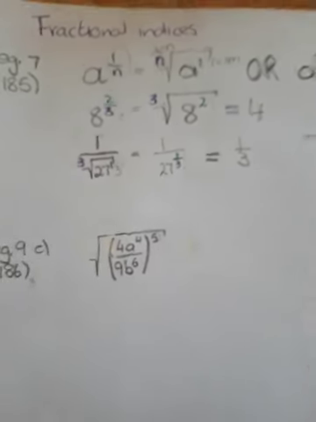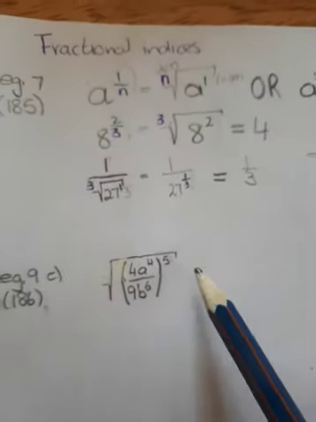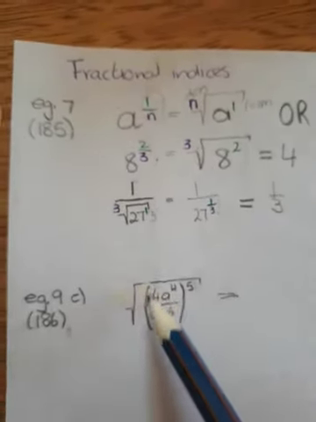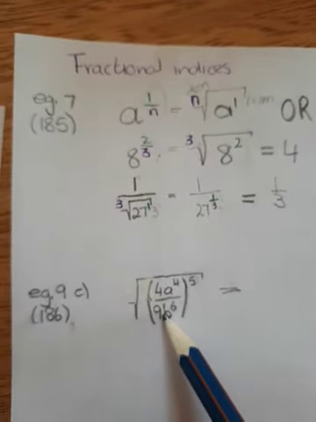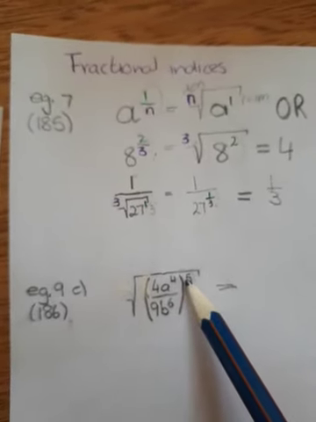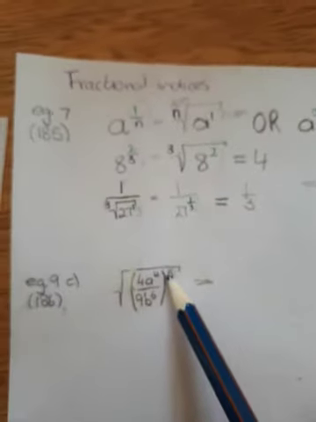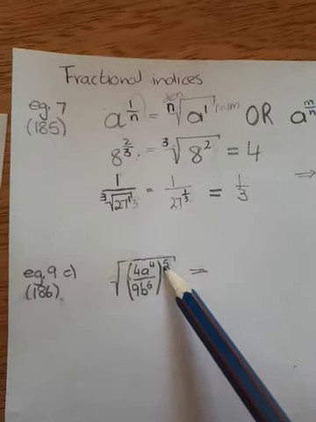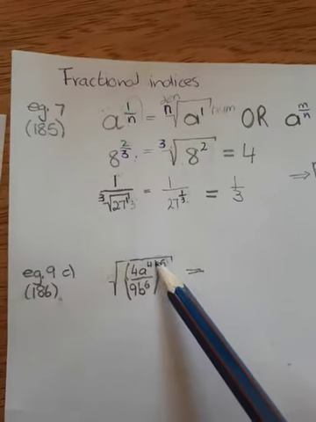If we look at the next example, you now see it's the square root of a whole complicated fraction, which is to the power of 5. So remember, we will always apply BODMAS, which means we must first solve the bracket.